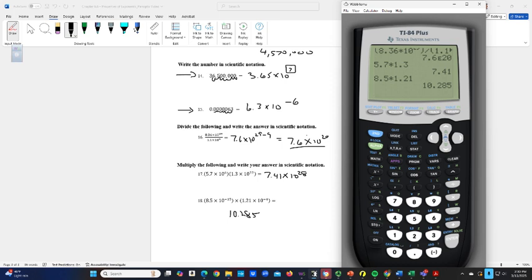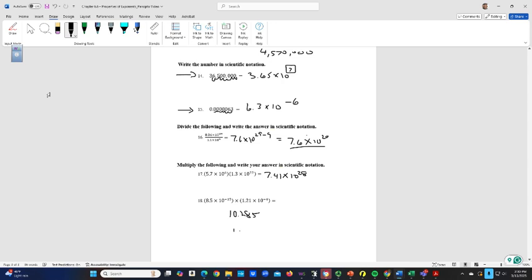So that should be 1.0285 times 10 to the first, to get it back to this. Now I can combine my exponents, even though they're negative. Negative 15 plus negative 4 is negative 19. Now I can work my product rule: 1.0285 times 10 to the negative 18th.